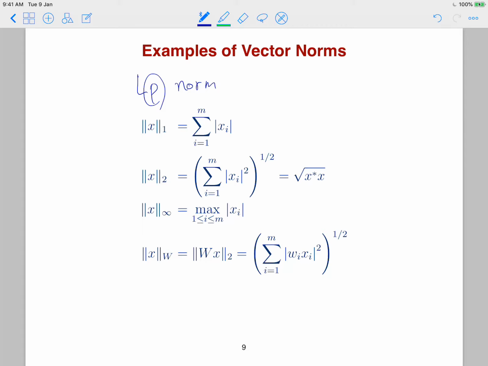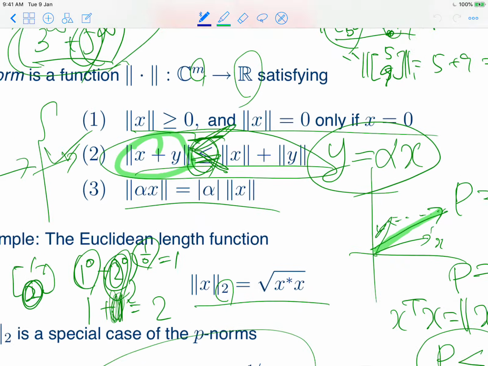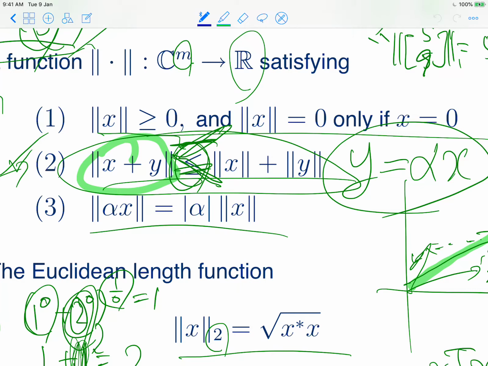And I mentioned that P can be any real number rather than just an integer or natural number. But if P is less than 1, this norm doesn't satisfy the triangle inequality, and I don't have a detailed or rigorous explanation for it.